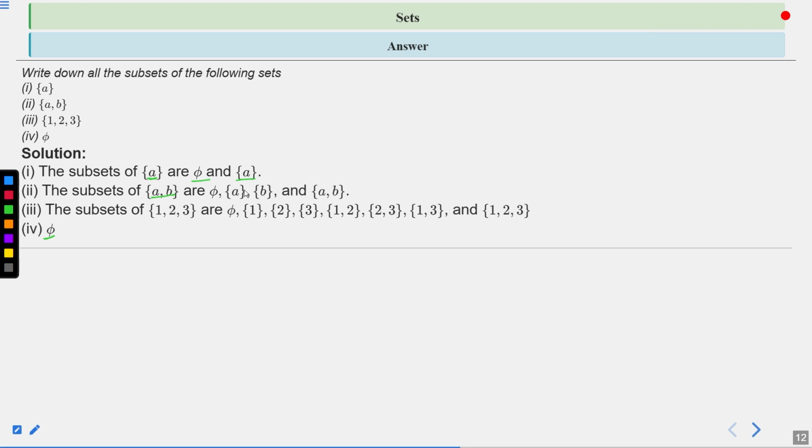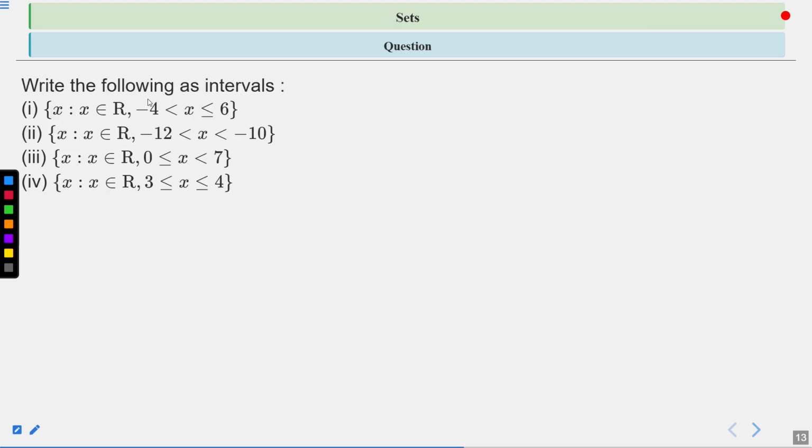So you can also verify, 4 subsets indeed. Now 3 elements means we will have 2 raised to power 3 subsets. 2 raised to power 3 is 8. If you count, you will get the same number. So we are having 8 subsets for this. So it is generally true. Clear?